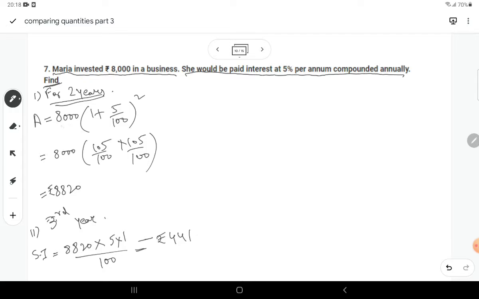So putting the values, we get amount equal to 8,000 into 1 plus 5 upon 100 raised to power 2, which on solving gives the value as 8820. And for the third year, we can solve using the simple interest, which is 8820 multiplied by 5 multiplied by 1 upon 100, which is rupees 441.